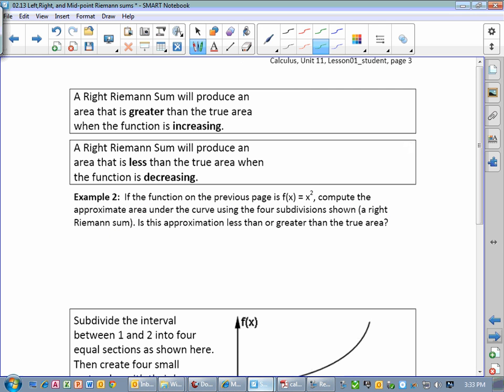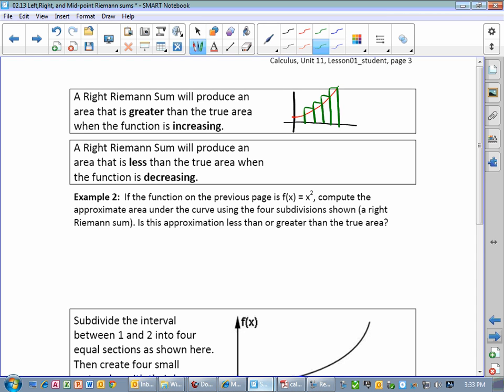Now for a right Riemann sum, if a function is increasing, like what we just saw, the function is going uphill, and we have a right Riemann sum, it will always give us an overestimate because we have all that overlapping part. Our rectangles are more than the actual area.